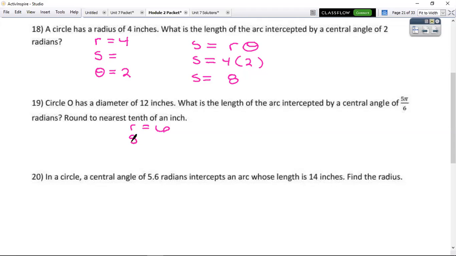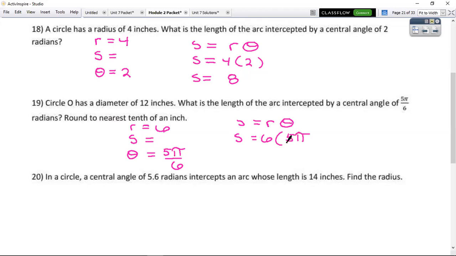So S is unknown, and theta is expressed as 5 pi over 6. So I'm going to go S equals R theta, and I'm going to sub in. So S is equal to 6 times 5 pi over 6.